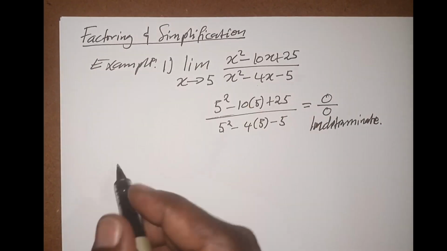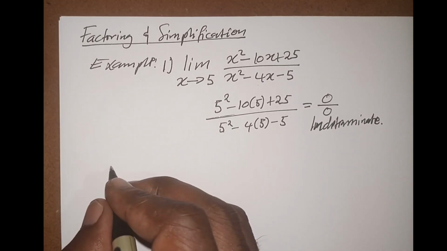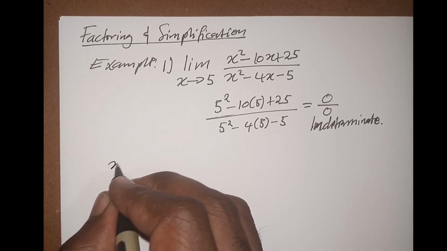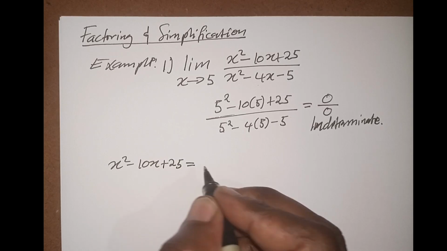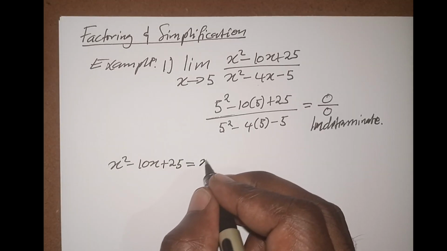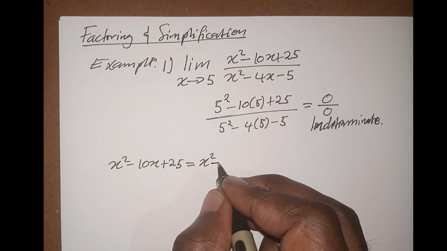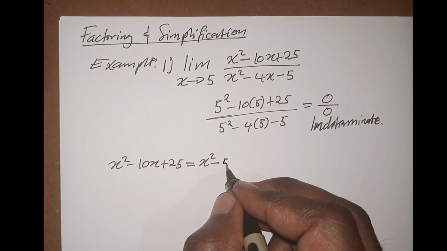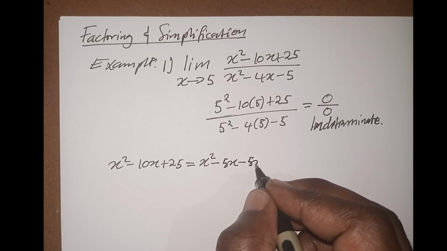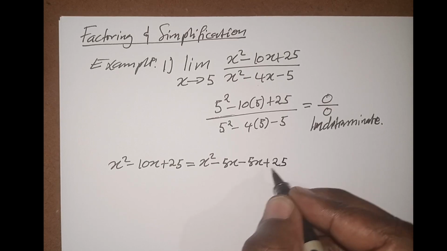So factorizing the numerator, let's factorize this. X squared minus 10x plus 25 can be written as x squared minus 5x minus 5x plus 25.